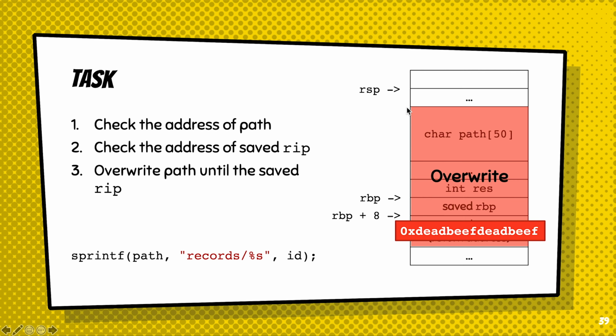So we need to calculate the address of the start of path as well as the address of the saved RIP. And the length between these is going to be associated to the length that we need to put for ID. To get the actual length, we're going to use GDB to run this program.